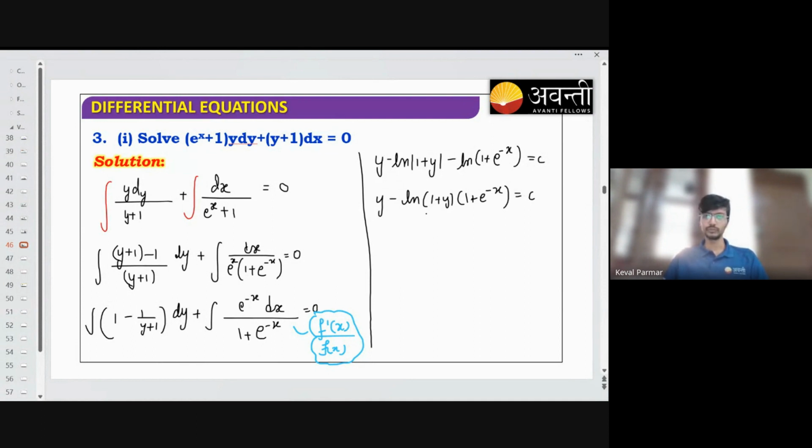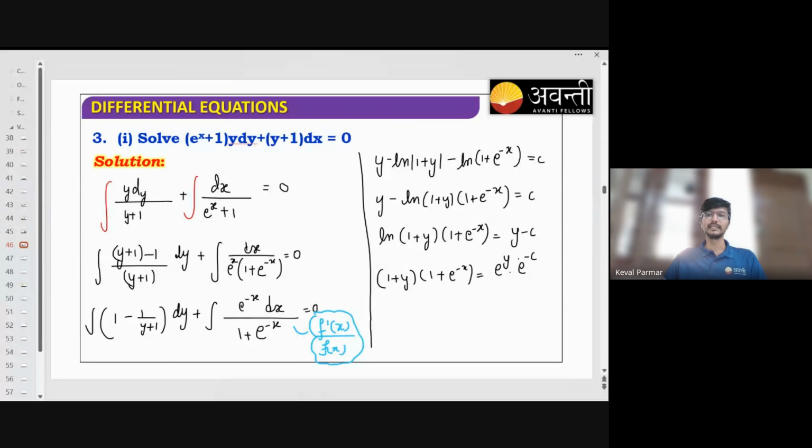So take e on both sides, which removes the ln. If I move this to the right hand side, I'll get ln of (1 + y) into (1 + e raised to minus x) equals y minus c. So (1 + y) into (1 + e raised to minus x) will be equal to e raised to y minus c, which I can write as e raised to y into e raised to minus c.